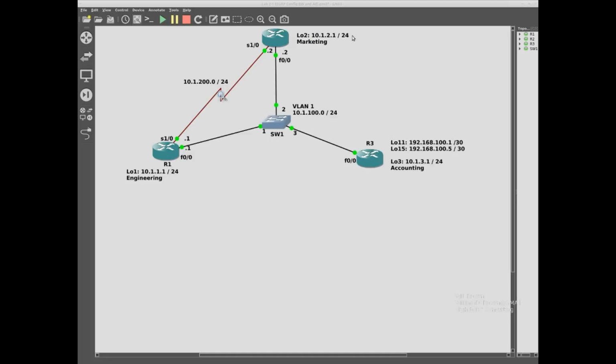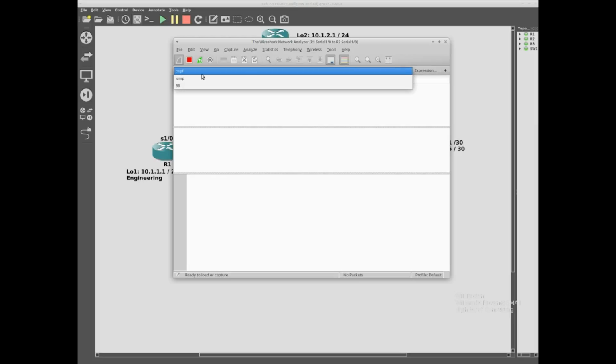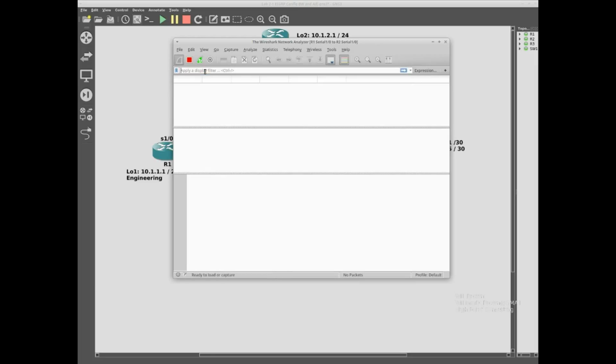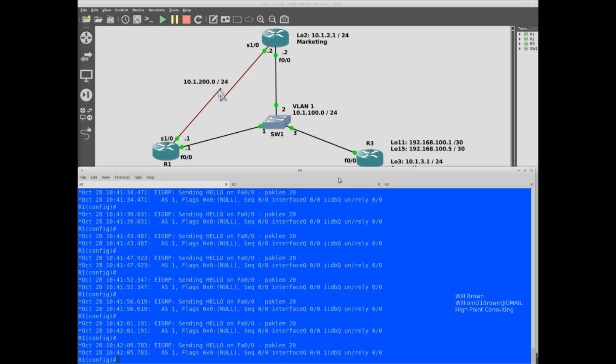Kill that session because that one didn't work for some reason. Okay, I'll take a look at my Wireshark analyzer later. One is set up. Let's go ahead and go over to router 2.